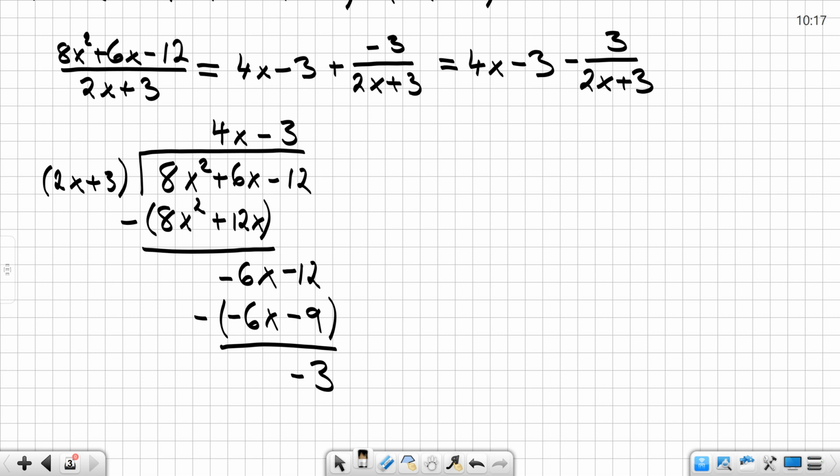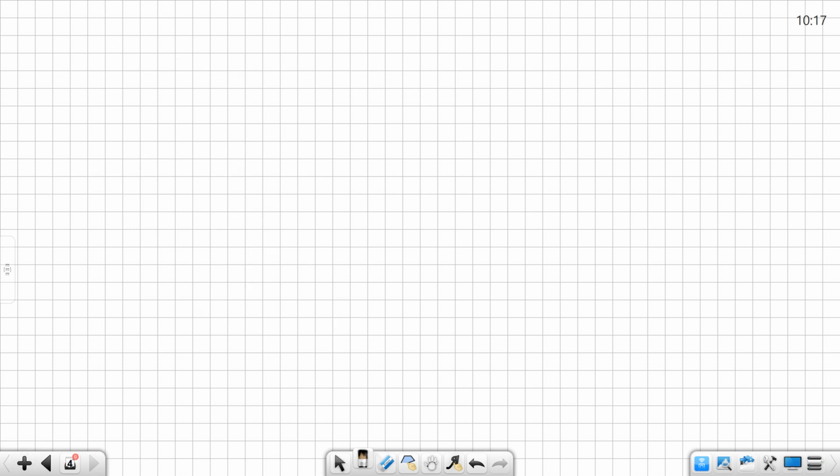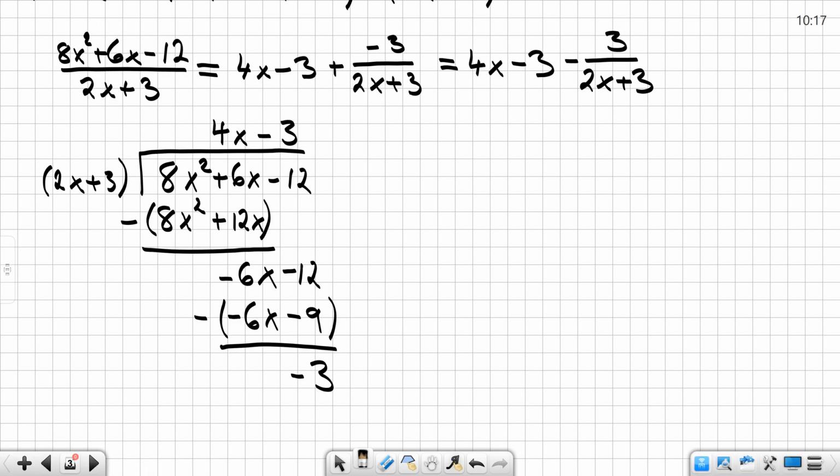How could I check this? Let's do one last thing in this section. We want to see whether or not we did this right. So we had 8x squared. Oh my goodness. Let me just copy this right here. Let me copy the whole answer right here like this.